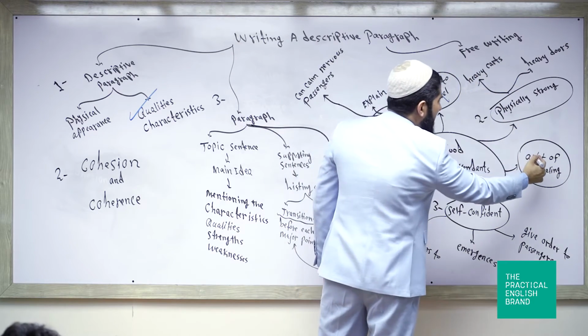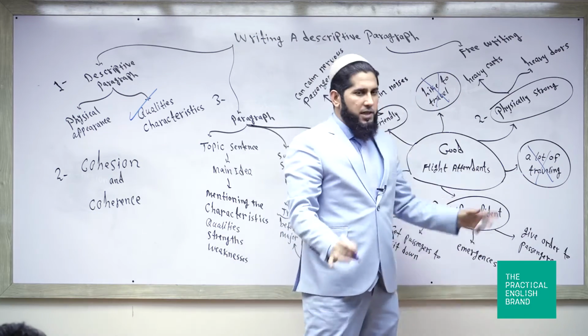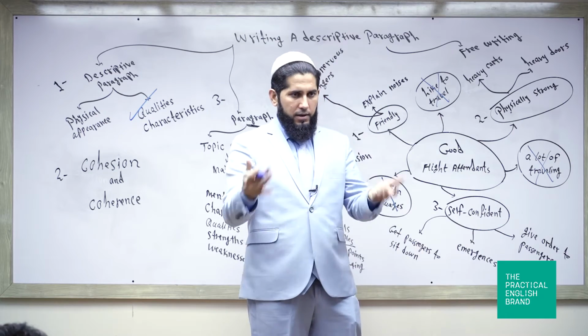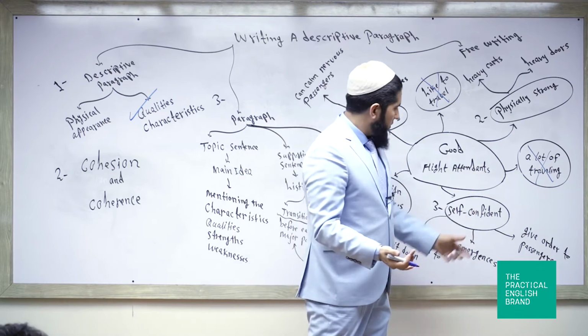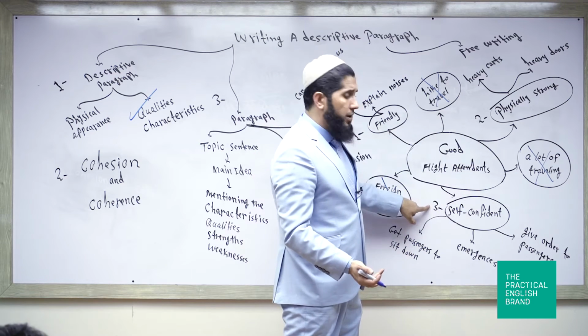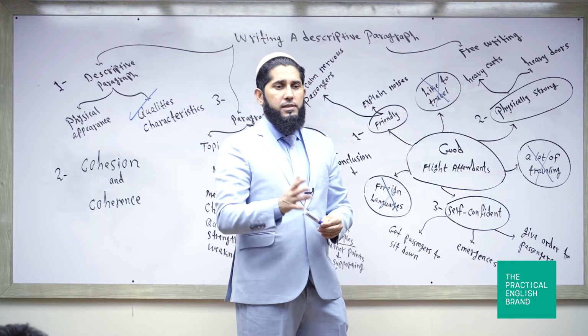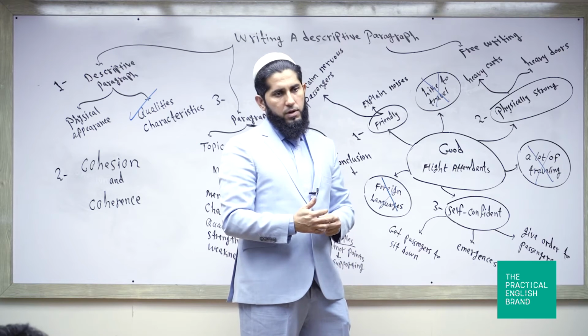And a lot of traveling, again, this idea doesn't seem to support the main idea properly, so get rid of that. And self-confidence. So only these three characteristics will be discussed in the body of the paragraph.